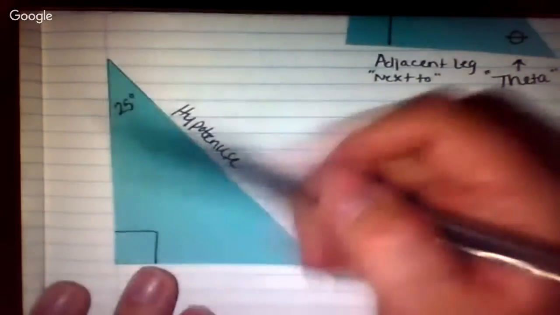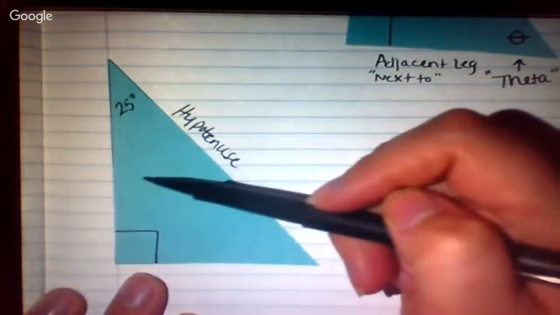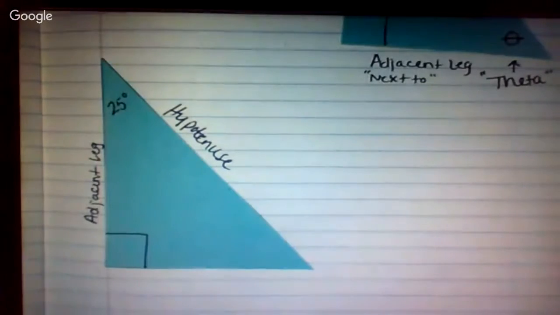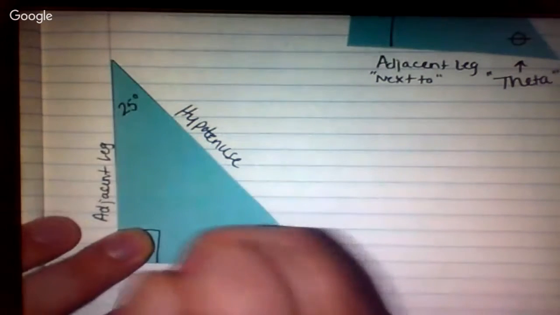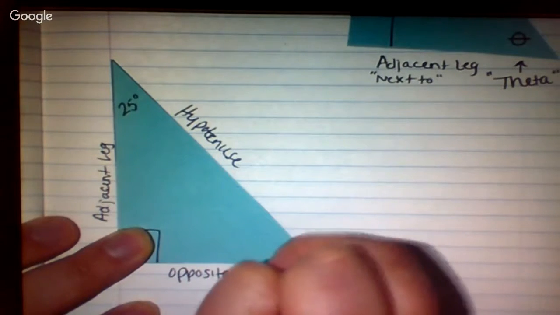So what do I label this side as now if this is my reference angle? This is now your adjacent leg. Depending on where your reference angle is, that will change where your adjacent is versus where your opposite is. So now the bottom is your opposite leg.